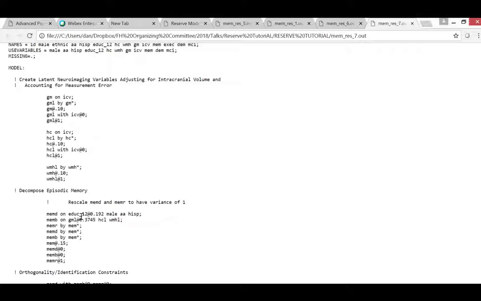And part of the issue here is, remember the formative factors. When we specify the formative factors, we're doing MEMD on education, male, AAHISP, but down here we're doing MEMD on DEM and MCI. So DEM and MCI become part of the specification of the formative factor.